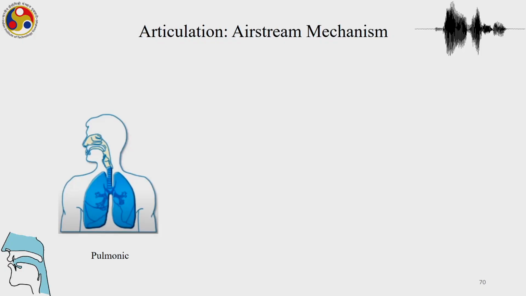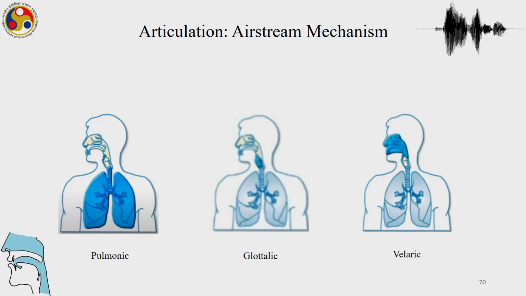So the airstream mechanism, pulmonic egressive airstream mechanism, is the one which is most commonly employed for the production of sounds. However, there are sounds which do not use the pulmonic egressive airstream mechanism, and they can be glottalic, they can be velaric as well.